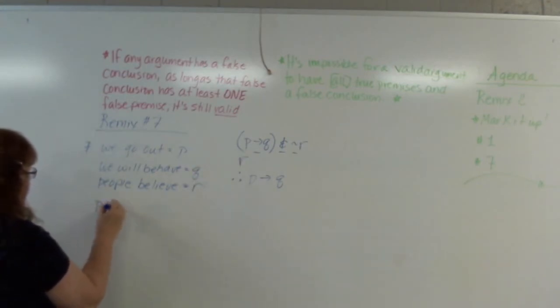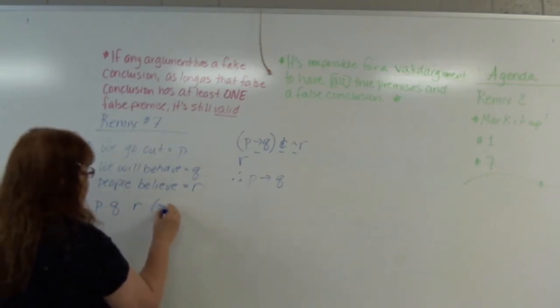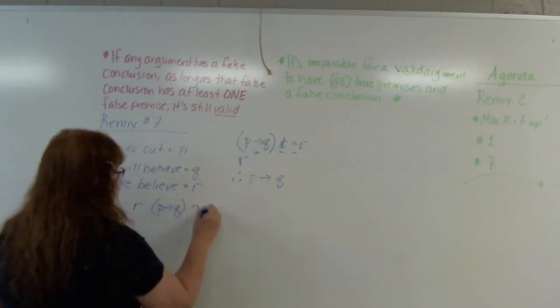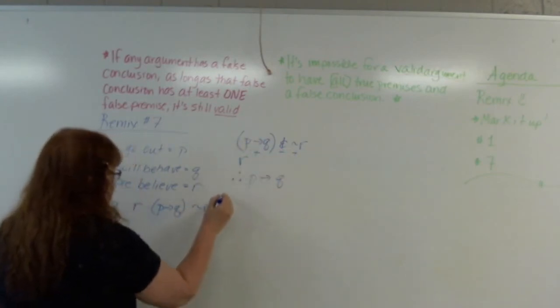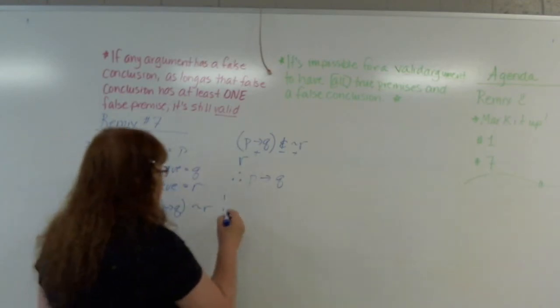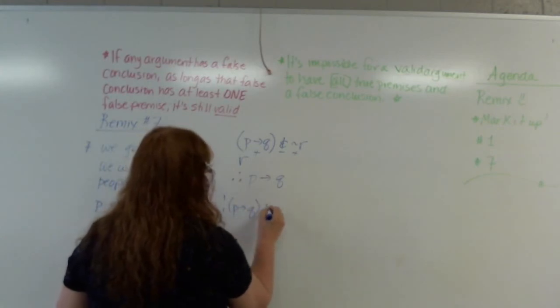So I have P and Q and R. And then I'm going to take my parentheses out. And I'm going to take my not R out. Okay? Then I'm going to give each of my premises its own column in the actual argument part.